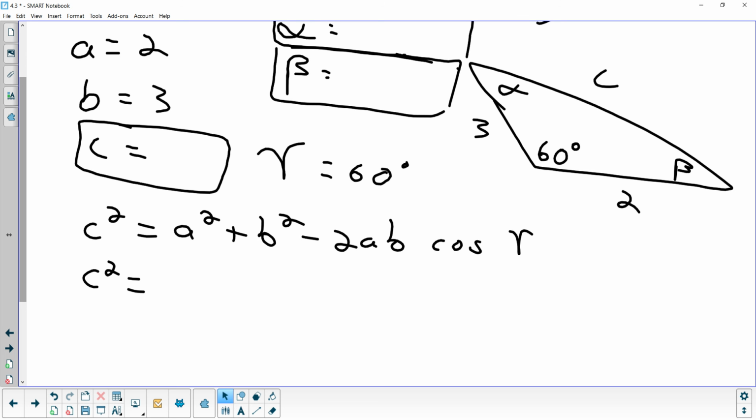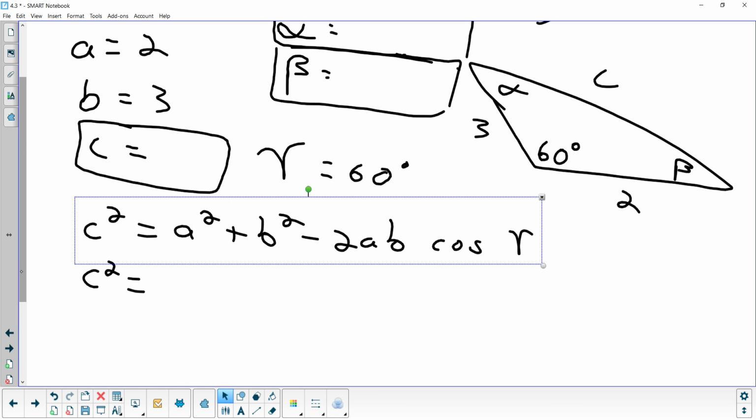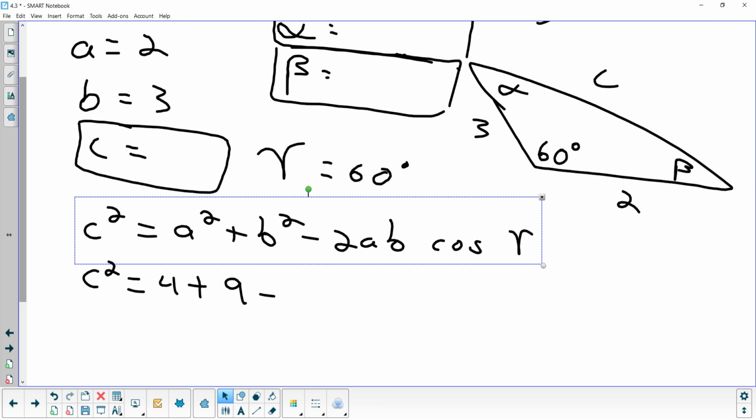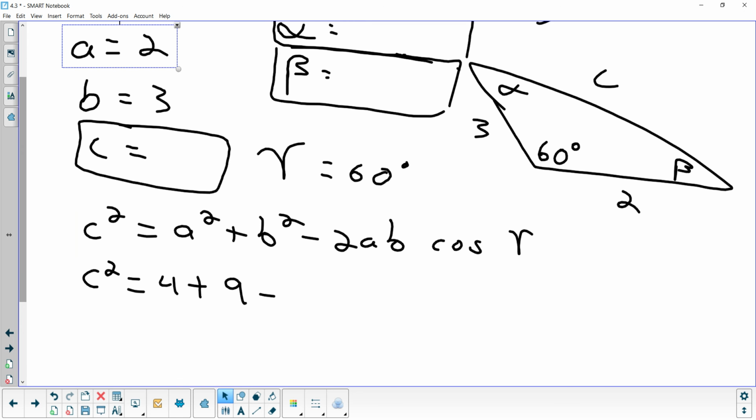So C squared equals, and James, what's A squared in this case? 2 squared is 4. 4 plus 9. B squared, yep, is 9, minus 2 times A times B. Autumn, what's 2 times A? 4. 4 times 3. 12.